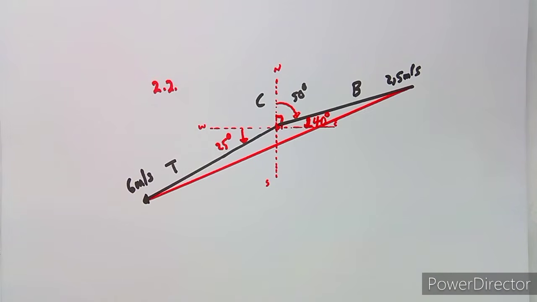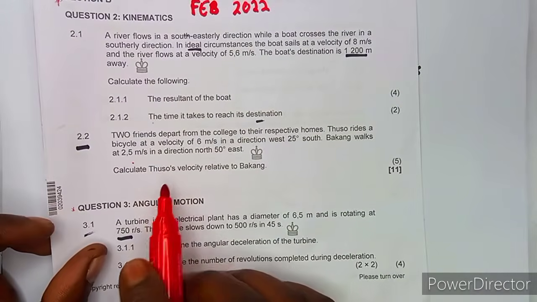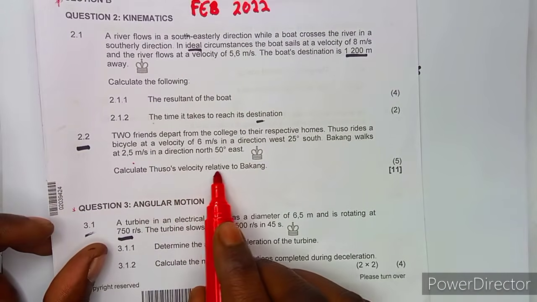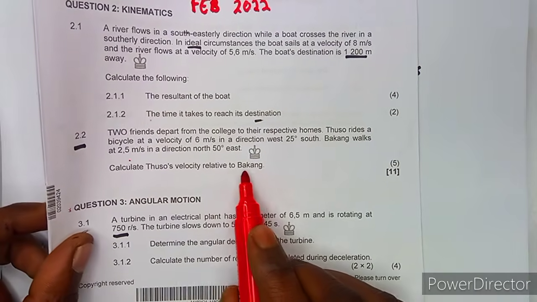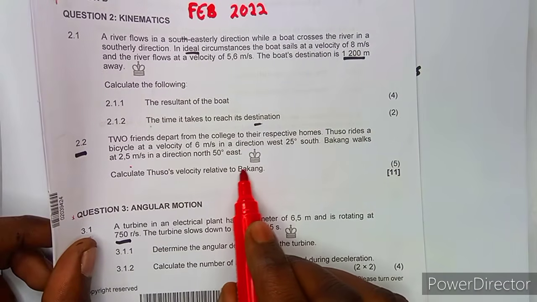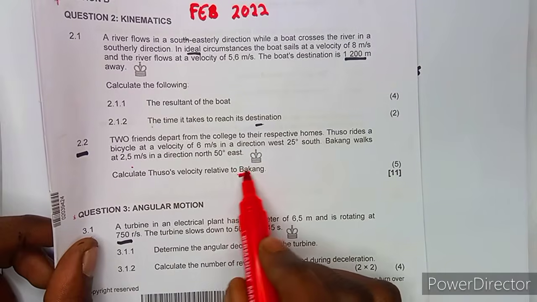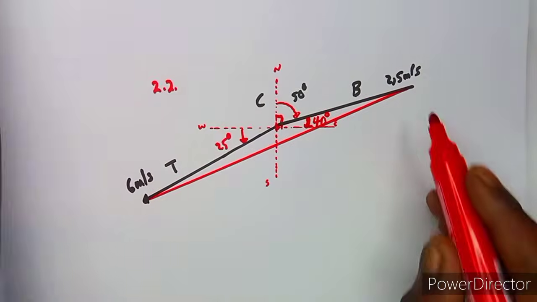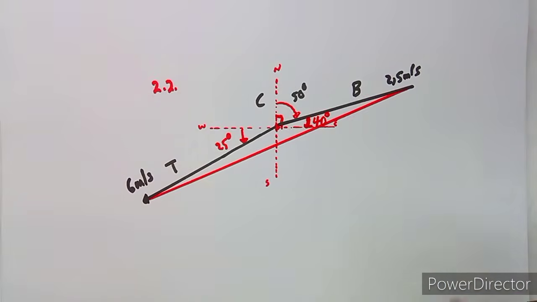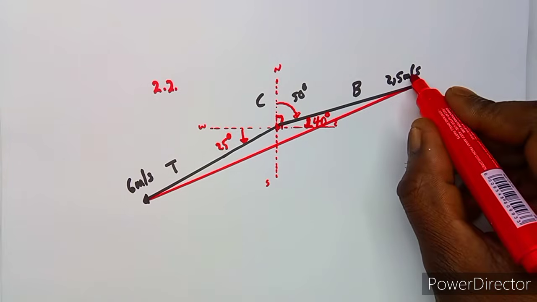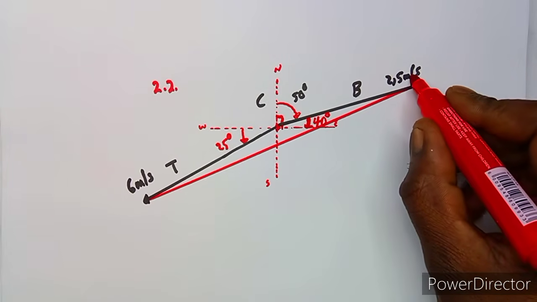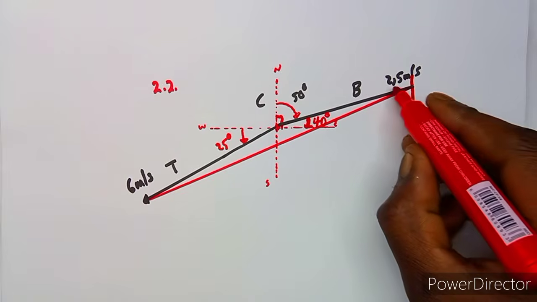The question is asking us to calculate the Tuso velocity relative to Bakang. Which means the one that we are relative to is Bakang. This is the guy whom we are relative to. Where you are relative to, you just draw your North Pole there.